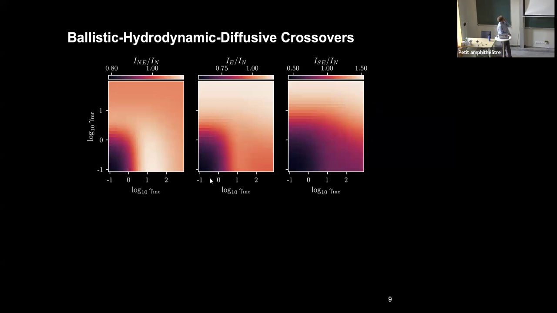What the heat map is telling you is various fractions of currents going through the drains, and I've always normalized to the north contact, the one that we expect to be biggest in the ballistic case. So I'm showing you the northeast current divided by the north on the left, in the middle the east divided by the north, and on the right the southeast divided by the north. What are we supposed to get from looking at these images?